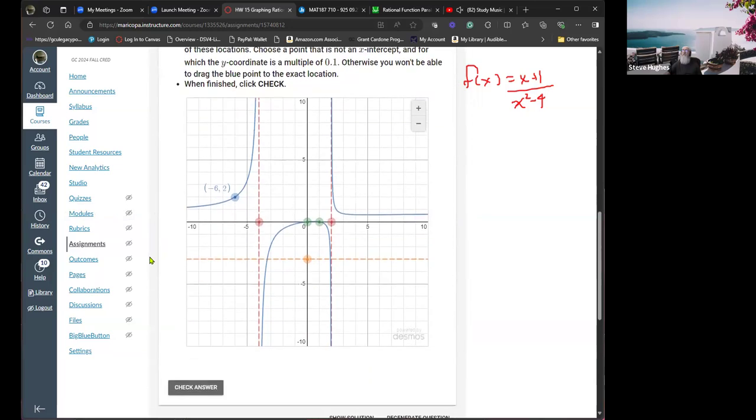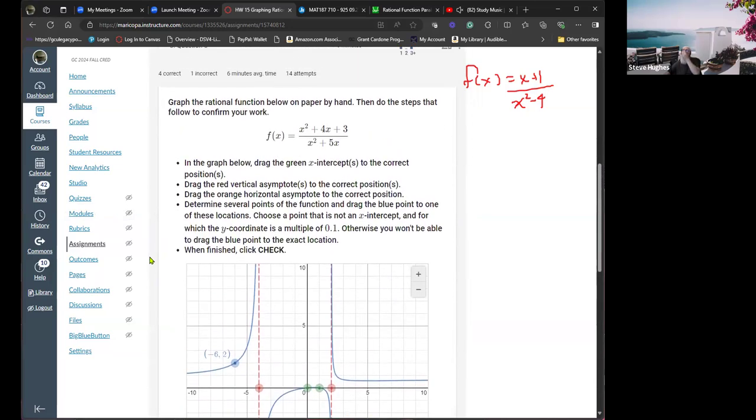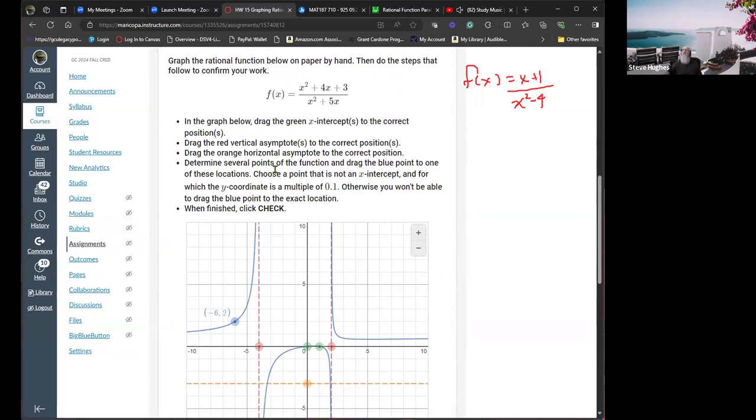Question number 3 is the same thing. They want you to pull the points to the right place. The green are the x-intercepts, the red are the vertical asymptotes, the orange is the horizontal asymptote. Then you got to choose a point.